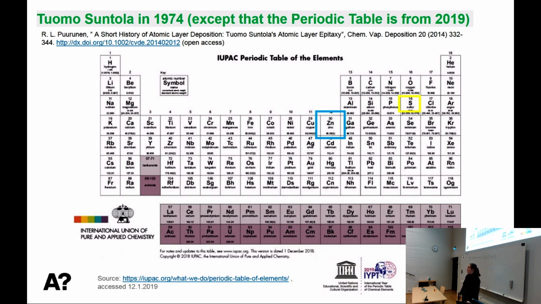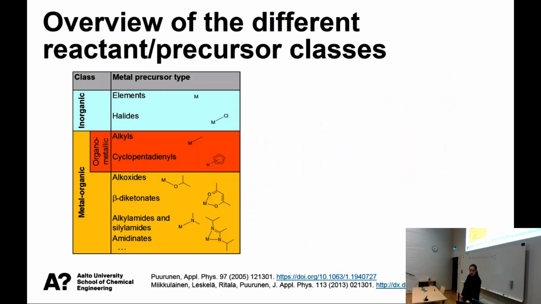Nowadays people use other types of reactants, not so much elements, but this still works. Here is a short summary of different types of metal precursors or reactants that can be used. Actually many different types of compounds. So elements, that was the first one used in Finland. Halides were the first ones used in Russia. In St. Petersburg, they came up with the same technique.